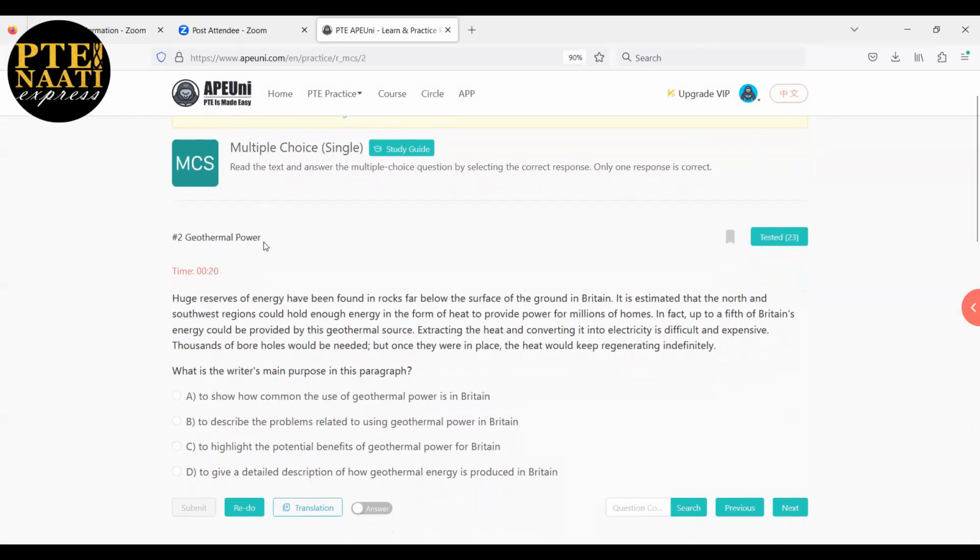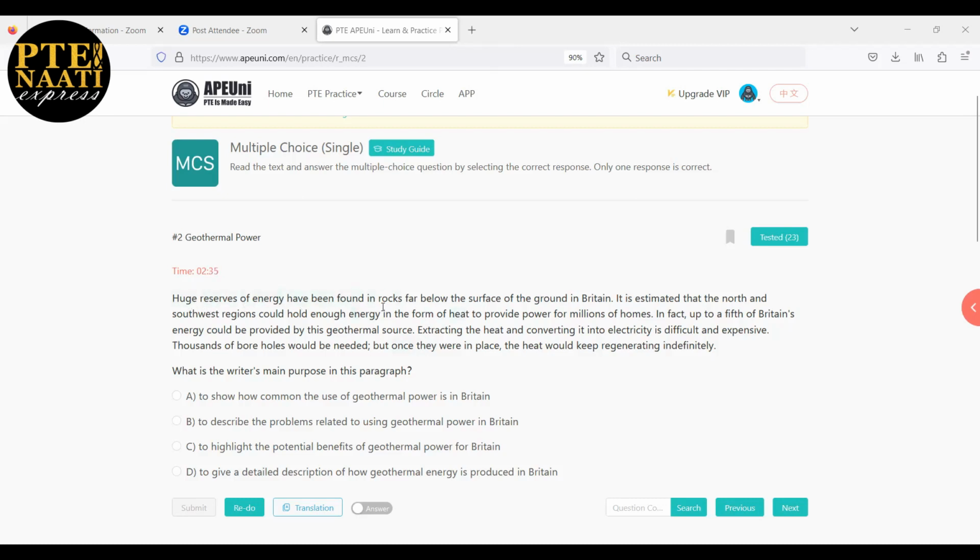Geothermal power. Read the question first. Shall we check this kind of a work? Geothermal power. So when attempting this kind of an activity, no need to read from the beginning to the end.